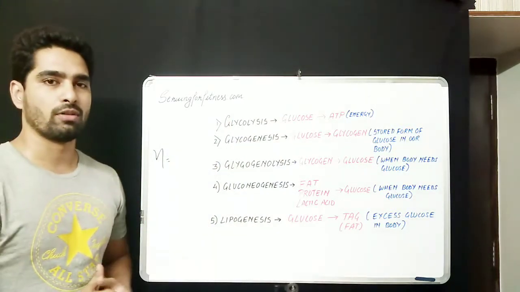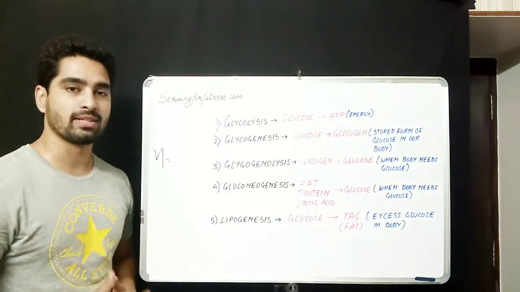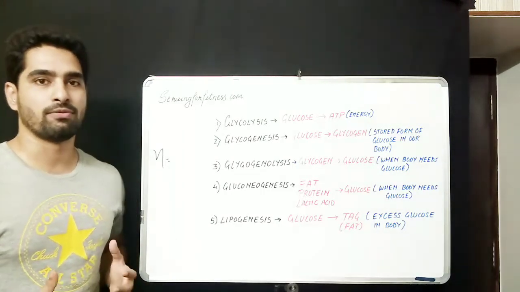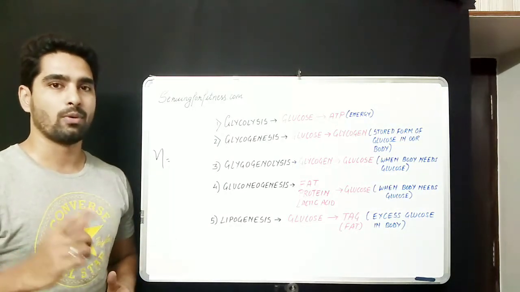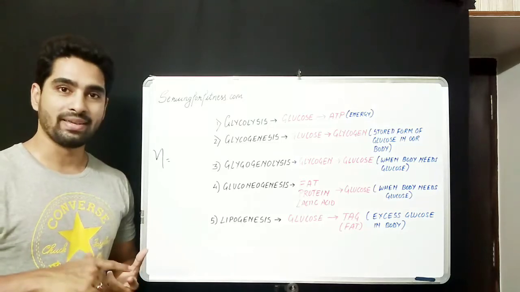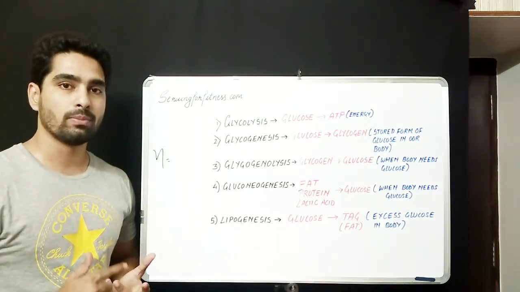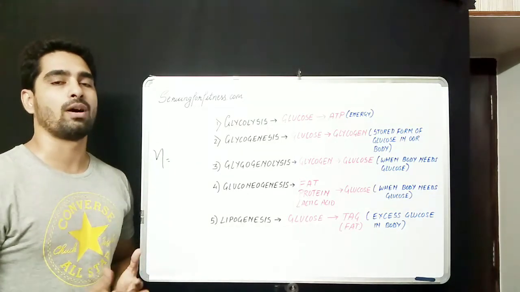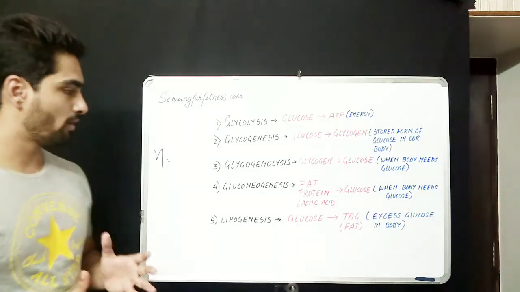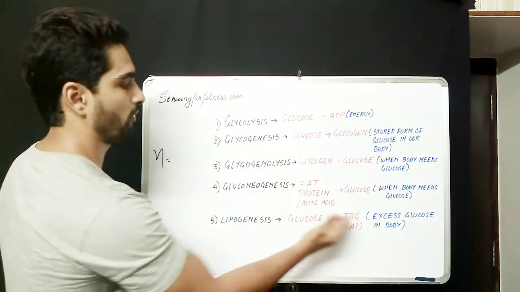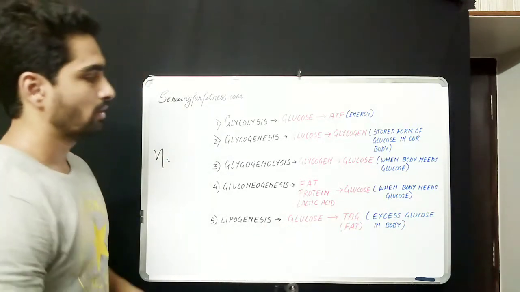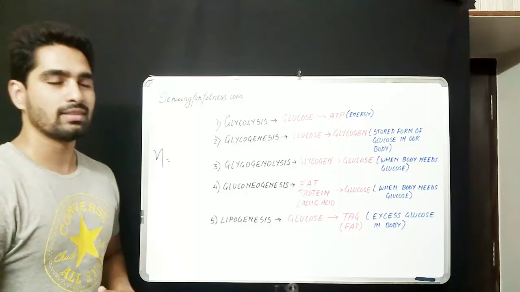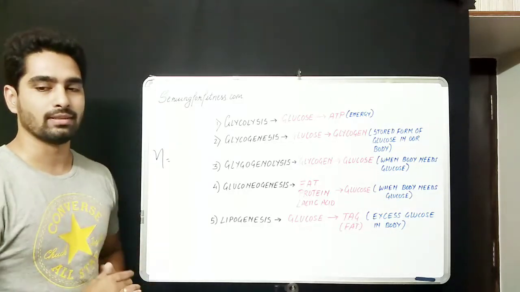Today there are a lot of videos on YouTube which say that carbohydrates are bad for our body, they make us fat. But it's not carbohydrates, it's being sedentary and consuming a diet in excess of carbohydrates. We have already discussed how glucose is converted to fat in excess. So let's take an example of an athlete.